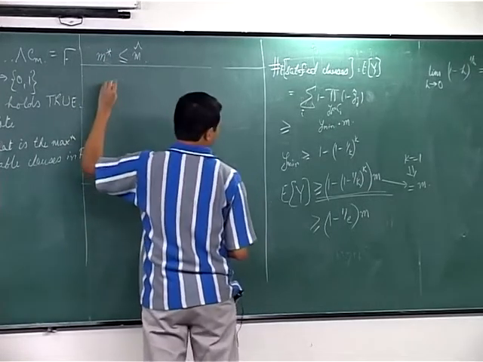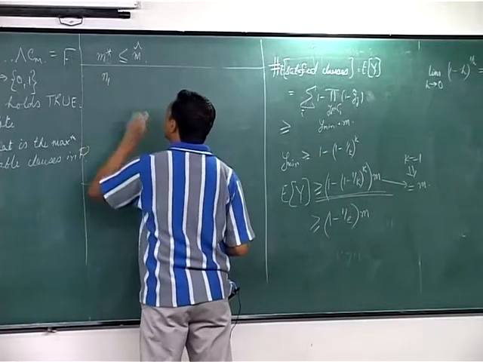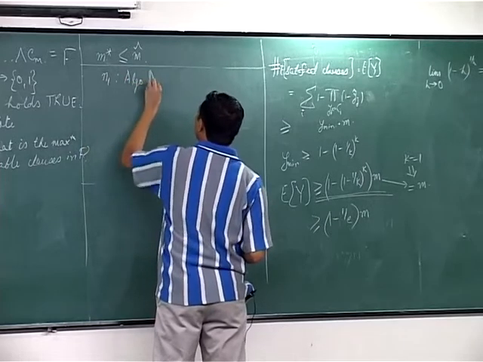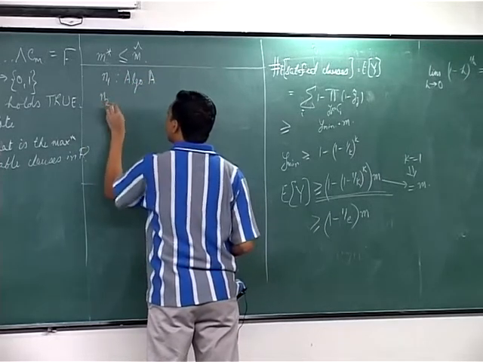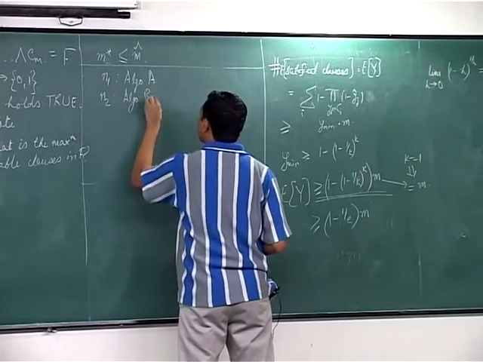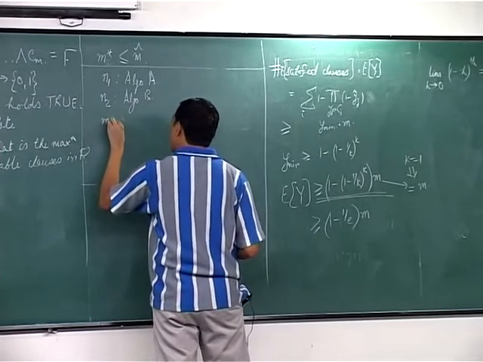Suppose I call the first value as N1, this is the output of algorithm A, and suppose I call the second value as N2, this is the output of algorithm B. So my final algorithm outputs what?